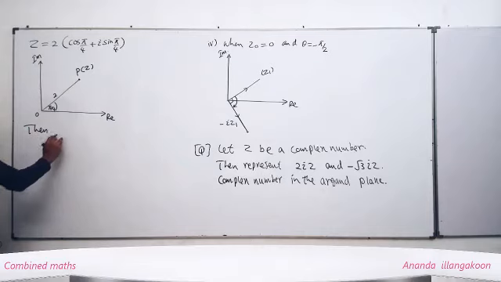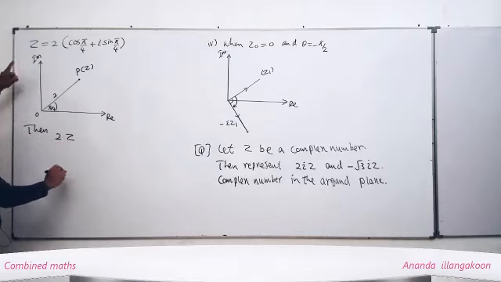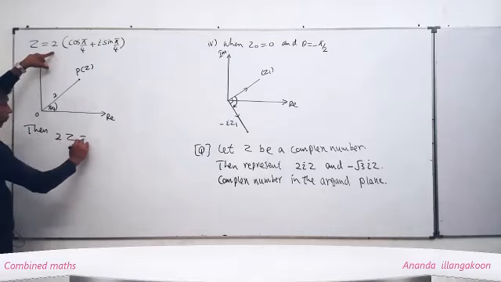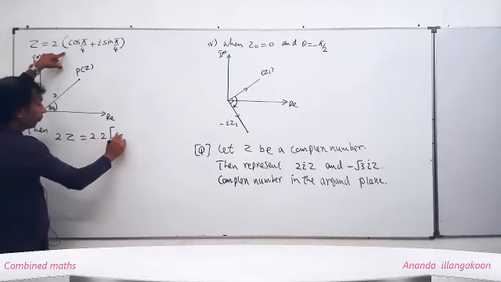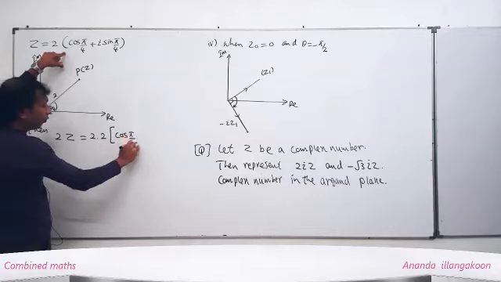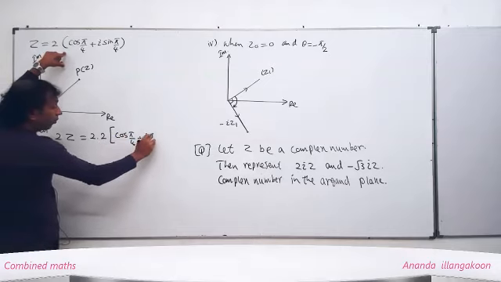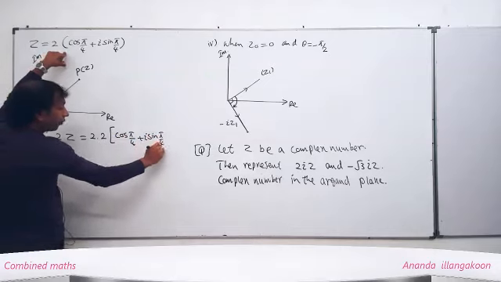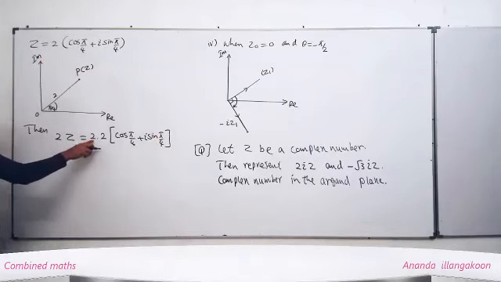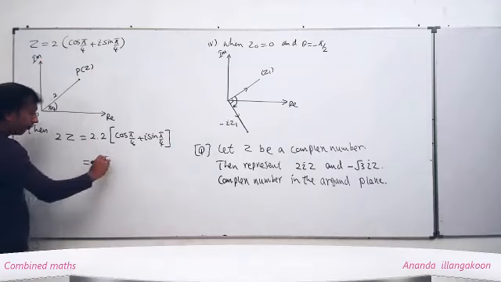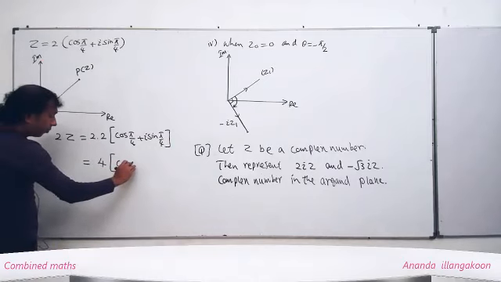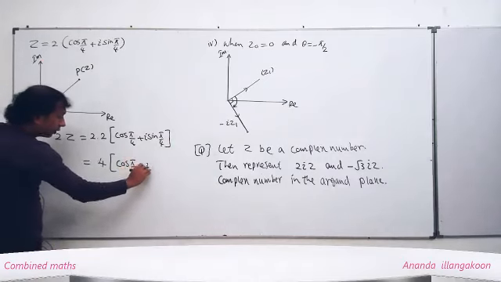2Z. To get the 2Z, we have to multiply both sides by 2. Then 2 into 2 cos pi by 4 plus i sin pi by 4. Since we multiply by a positive value, this argument won't change. Here it is pi by 4.